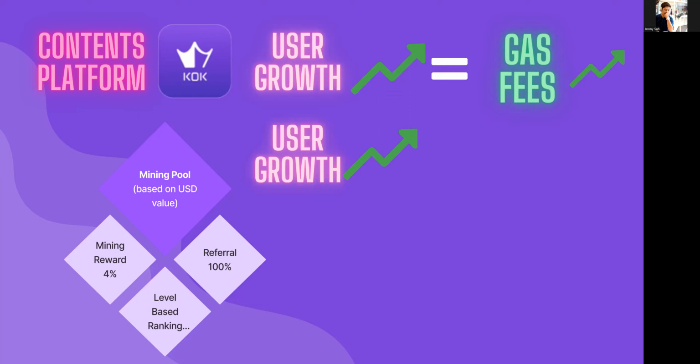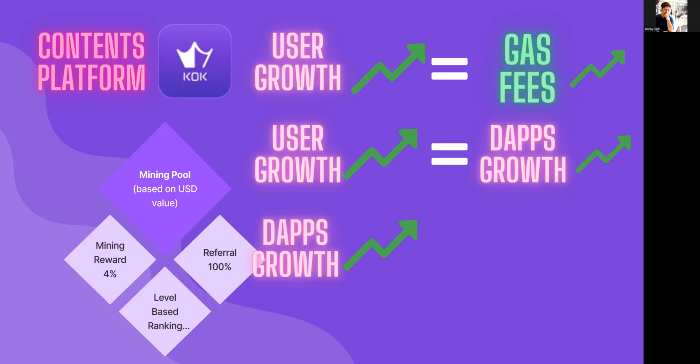So those bigger market hungry applications or content producers or developers called decentralized applications will want to enter the KOK Play contents platform ecosystem. And guess what? When they enter, they also have to pay gas fees as well when they transact within the ecosystem, and also put an influx as investment rewards going into the KOK Play platform.